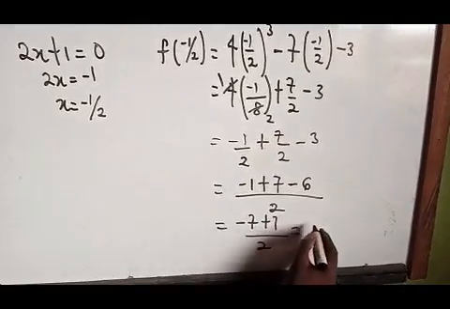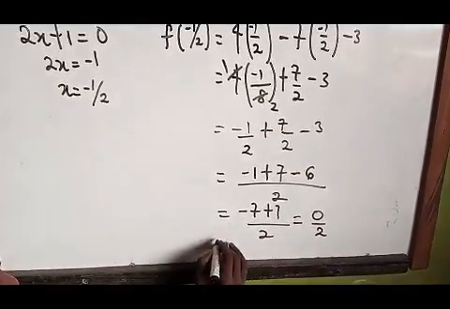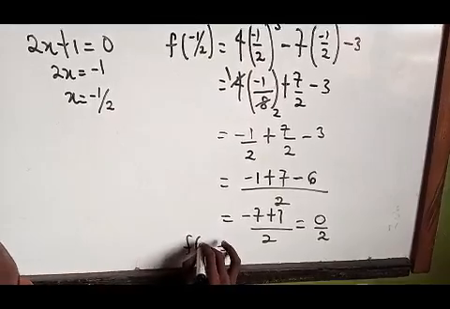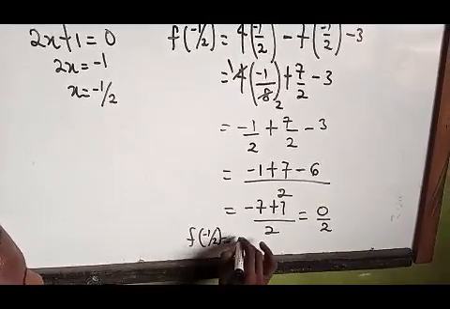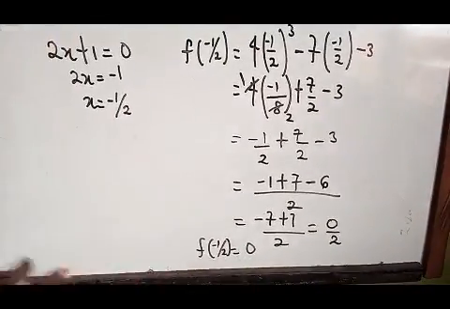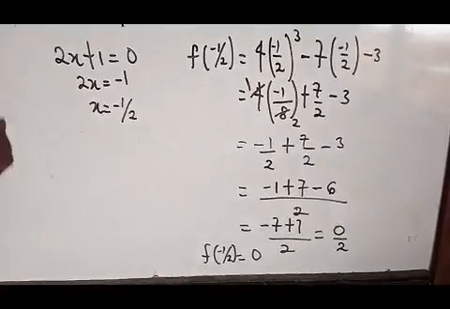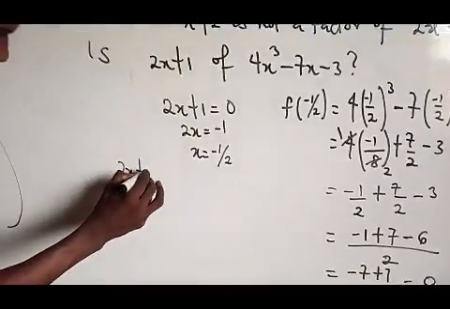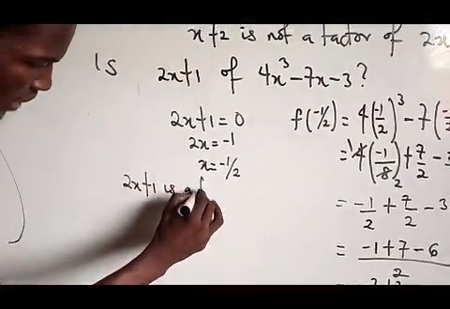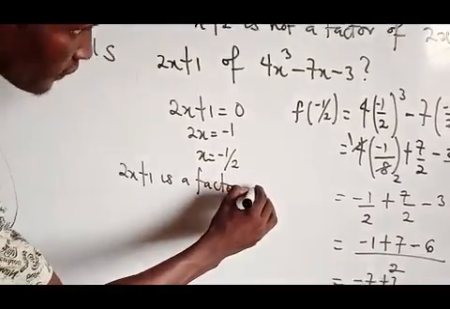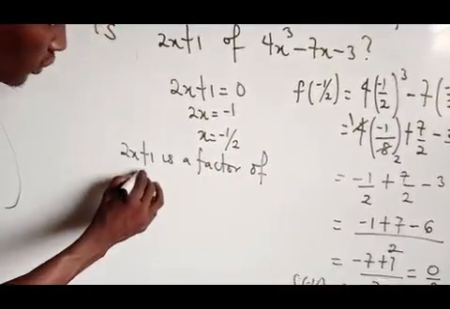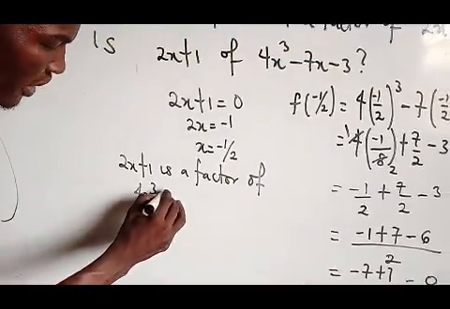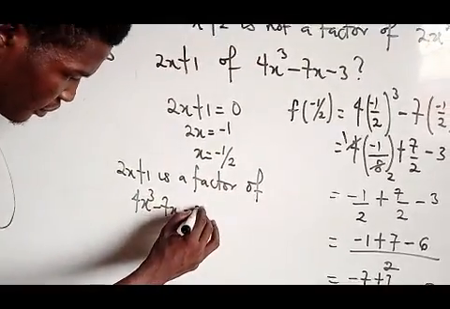Minus 7 plus 7 will give me 0 over 2. And therefore my f of minus 1 over 2 is giving me 0. Now you can see that this is equal to 0. So therefore 2x plus 1 is a factor of 4x cubed minus 7x minus 3.